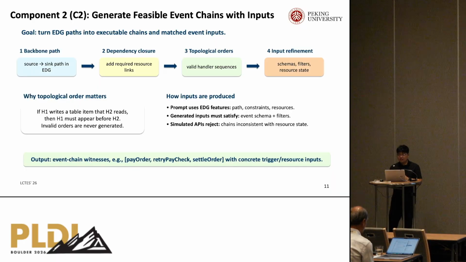After that, SymFlow generates or refines event inputs using EDG features, such as path constraints and resource names. The result is not an arbitrary list of handlers, but an event train witness with inputs that satisfies schemas, filters, and resource state requirements. Generated trains are still checked later by symbolic execution, so this stage gets exploration without blindly trusting the generator.